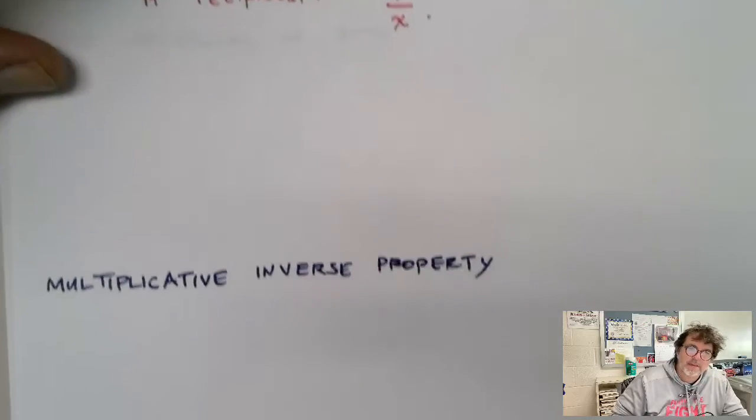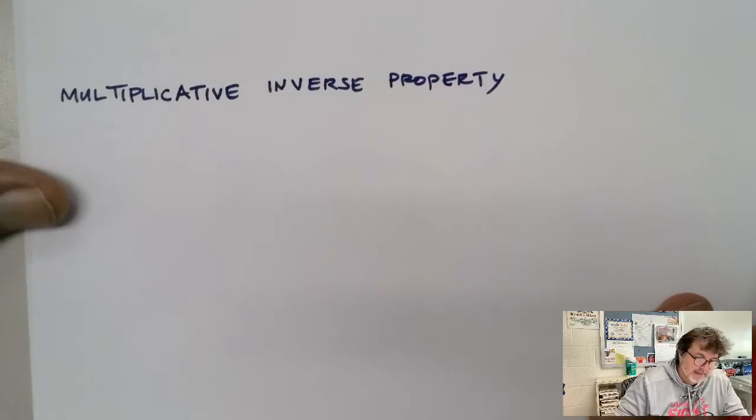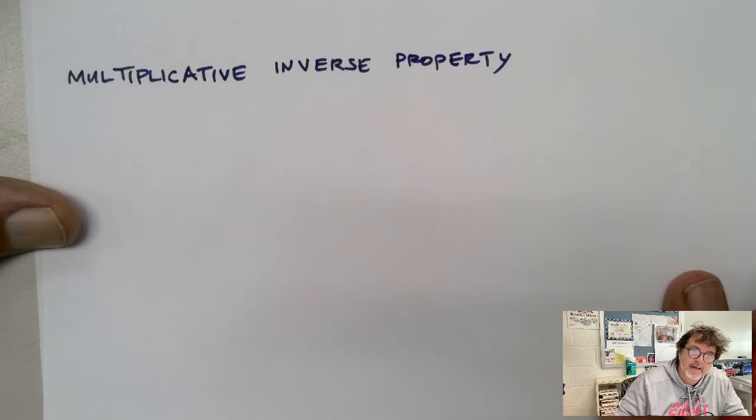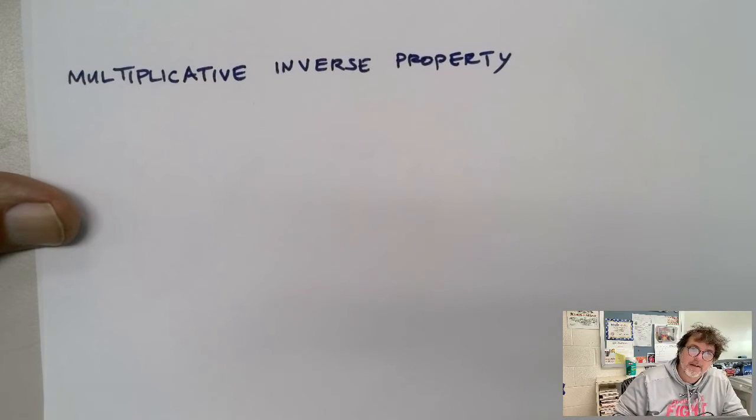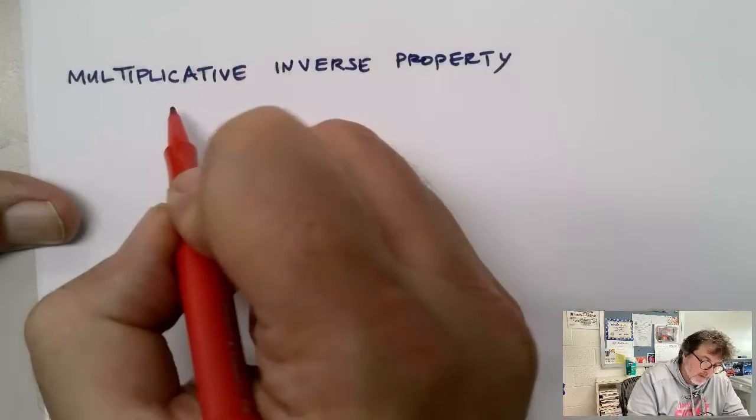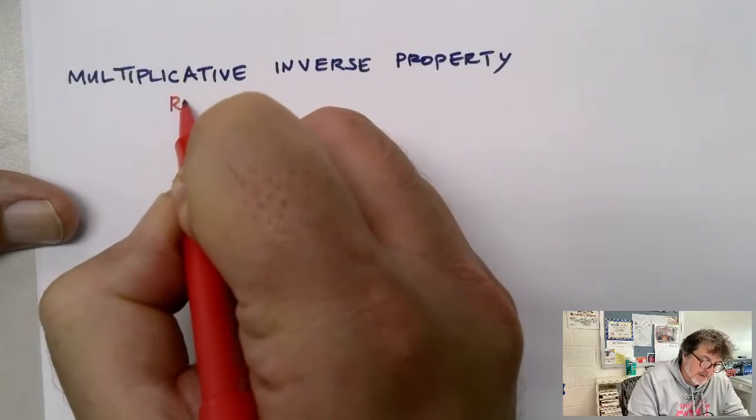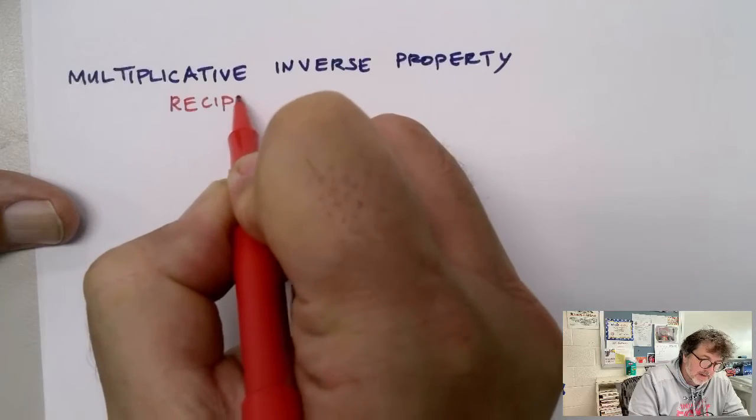Okay, that's also the notation. What you probably want to write next is what is defined as the multiplicative inverse property, or a better name, the reciprocal property.